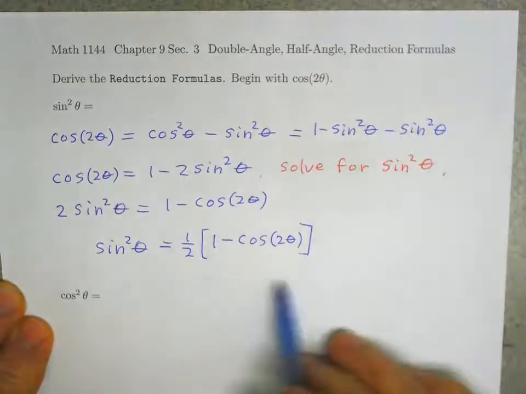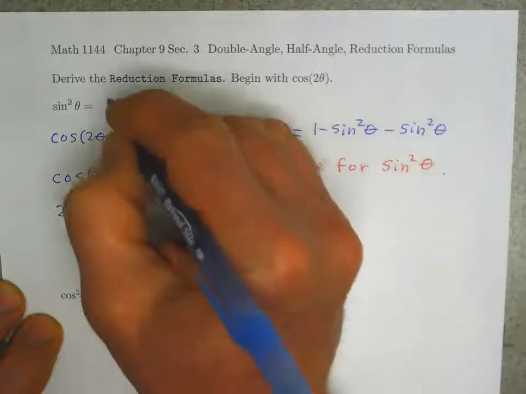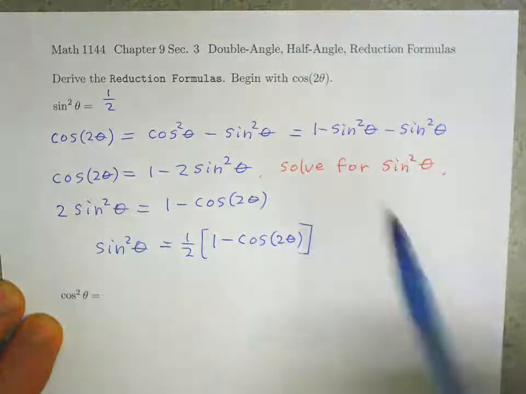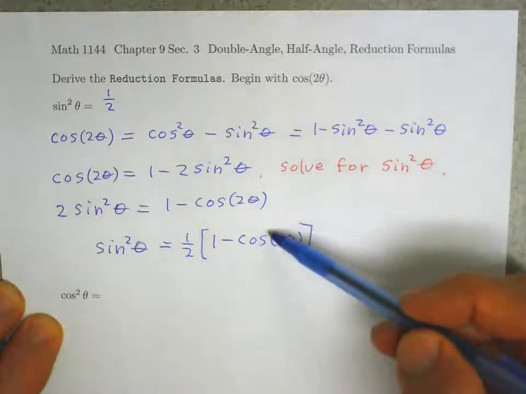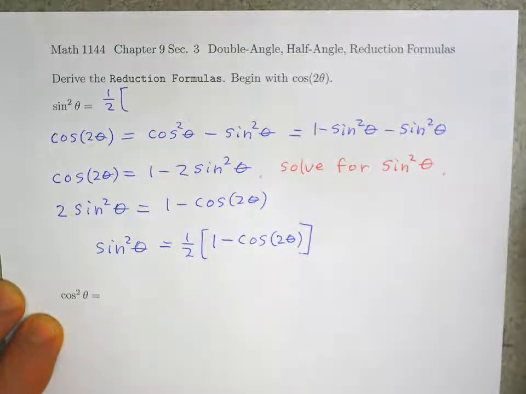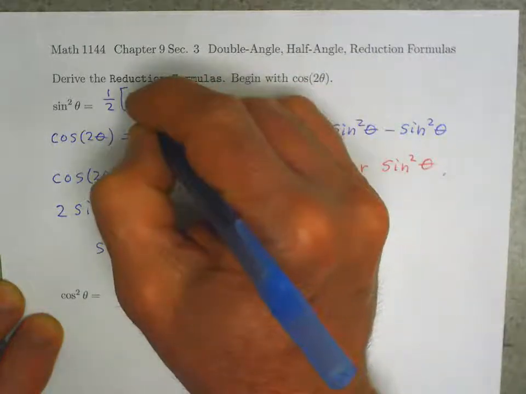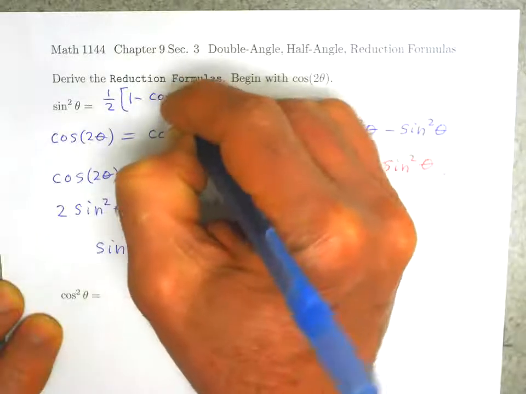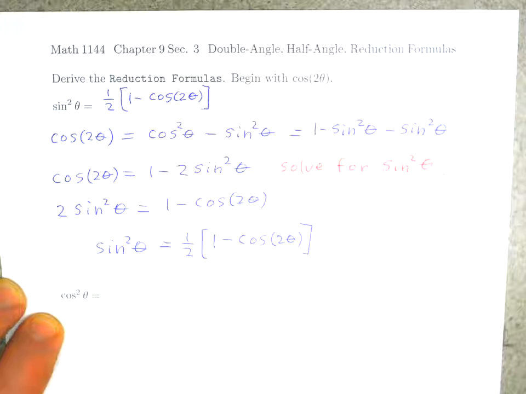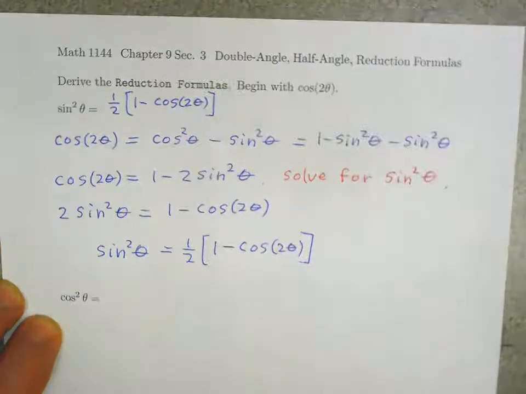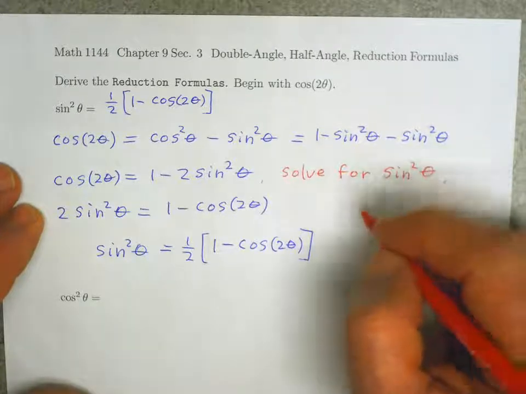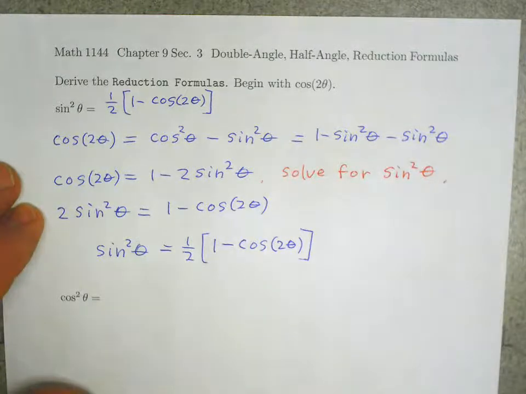This is referred to as a reduction formula because it reduces the exponent from 2 to 1. So sine of theta squared is equal to 1/2 times the quantity 1 minus cosine of 2 theta. So I'll make a note of my comment.